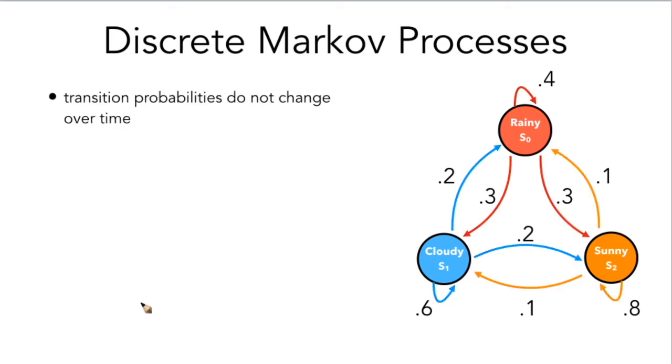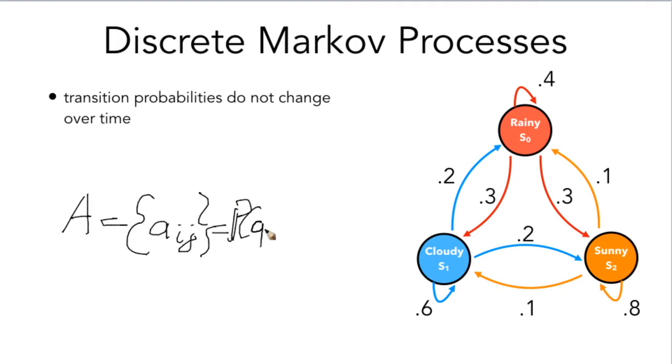The next assumption that we are going to make is that the transition probabilities in our discrete Markov process don't change over time. If this is the case, then we can represent the transition probabilities in the form of a matrix, in which each entry, Aij, corresponds to the probability that qt is Sj, given that qt minus 1 was Si.